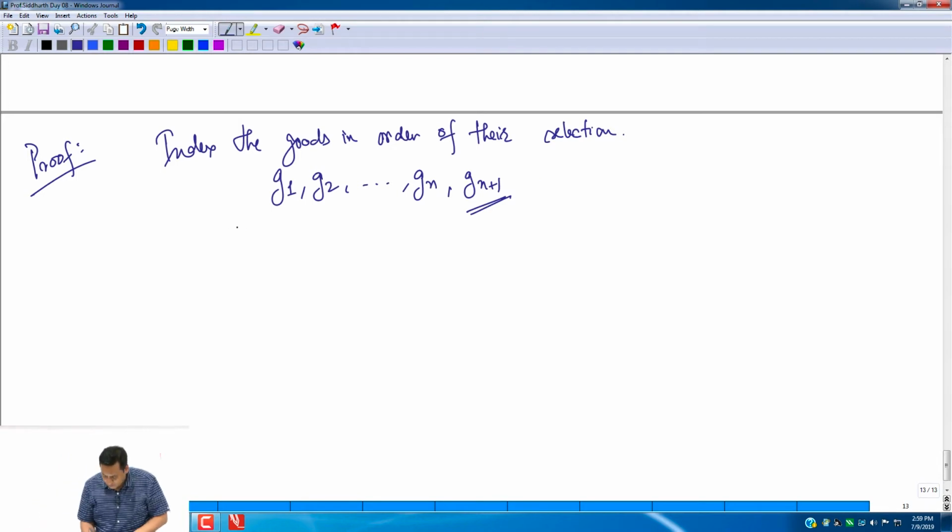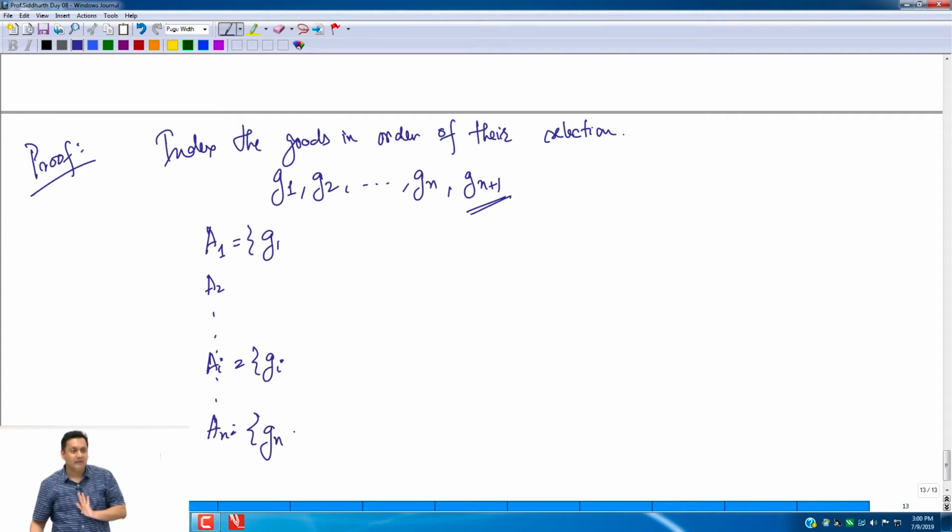So if I were to write it as a picture, A1 would look something like G1, A2, I have Ai, so it's Gi, An is Gn. Note that I am indexing them to exactly align in this crisp manner.